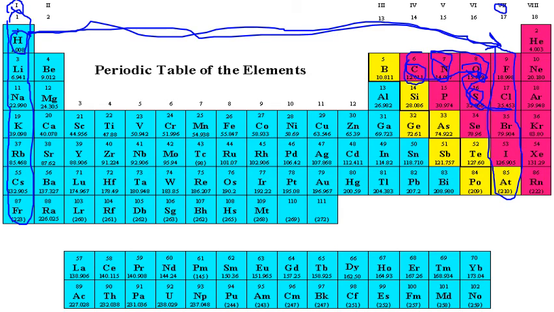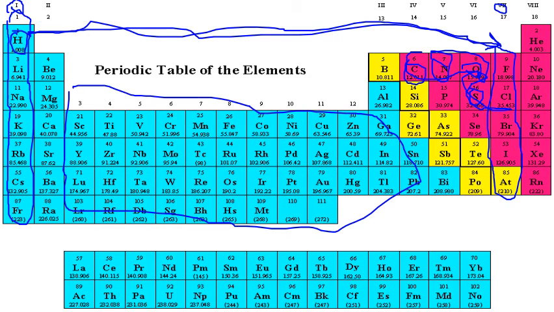And of course, metallic bonds are going to be mostly these guys bonding with themselves, right? So you could have, for example, let's say gold bonding with nickel in a metallic bond, okay? And so those are the type of guys that are going to be involved in these three different types of bonds.